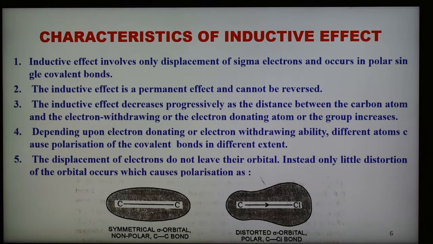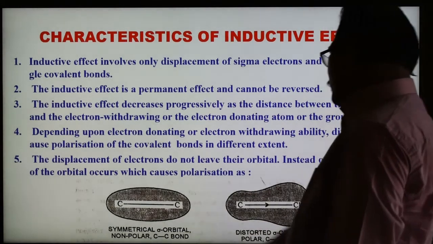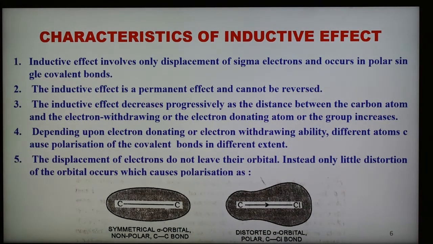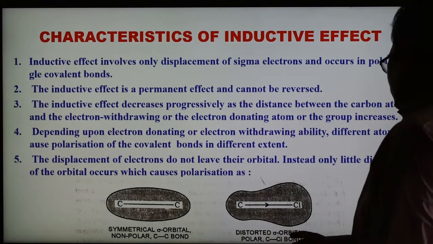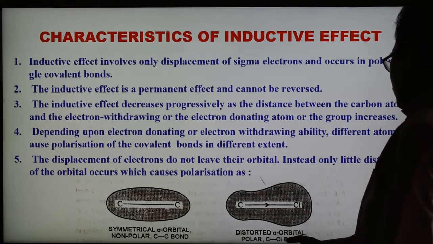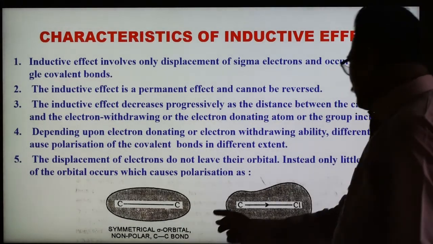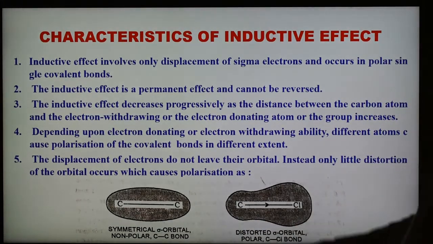Here is the symmetrical sigma orbital of the non-polar carbon-carbon bond, and here is the distorted sigma orbital of the polar carbon-Cl bond. This is a carbon-carbon bond, but here see the shape of this C-Cl bond slightly distorted. The electrons are not displaced out, but with an electron donating atom or group, polarization is shown, polarization of Cl. The C-Cl bond shows polarization in the second figure.